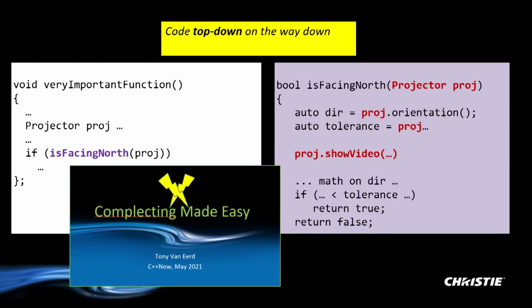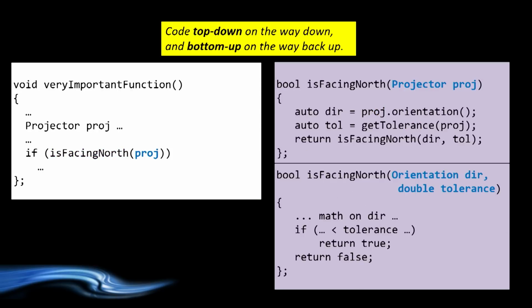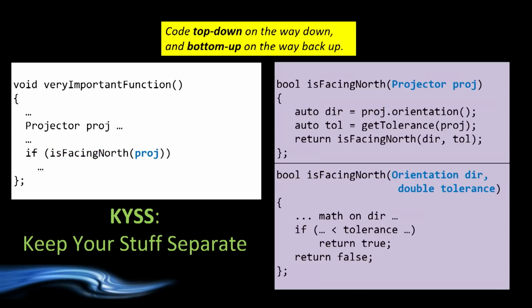Hopefully it doesn't need the show video. I should get that line out of there. Hopefully it only needed the two things. And you see this all the time: code that takes a parameter, and the first thing it does is take what it really needs from that parameter, and then does a function. And you're like, why didn't you just take the thing you need? My version of KISS: keep your stuff separate. Some people use a different S for stuff.